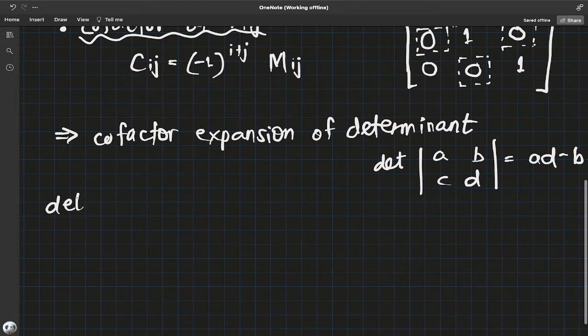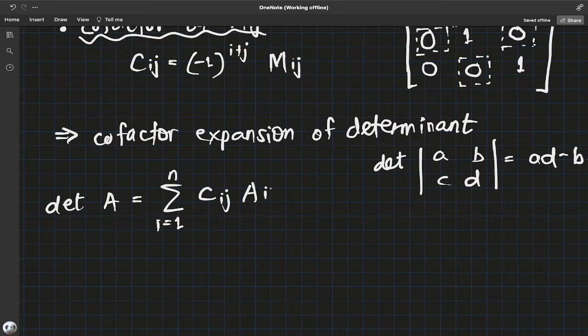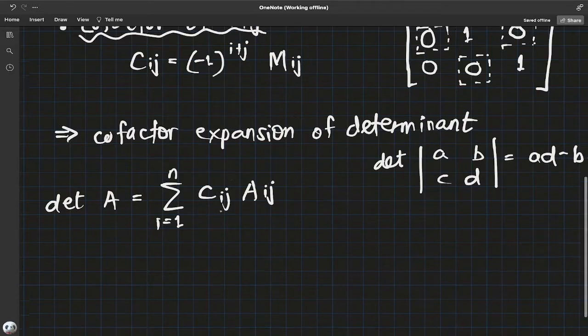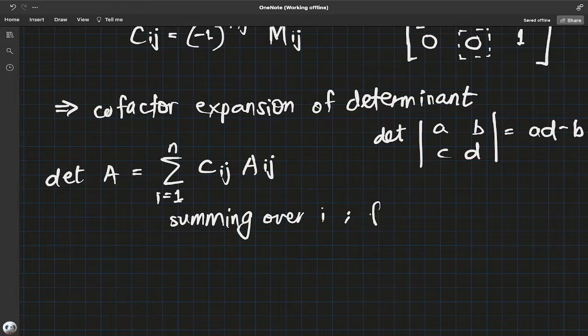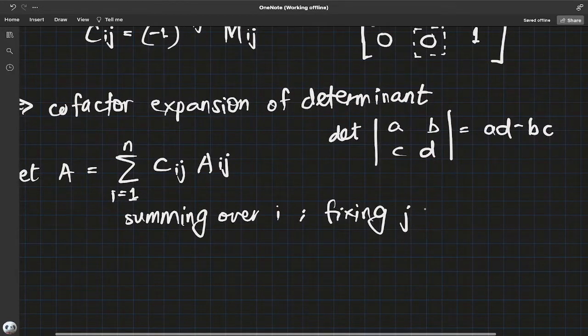So the formula, determinant of A is the sum from i equals 1 to n of C sub ij A sub ij. So in this case, we're summing over i, and we're fixing j to basically take any value between 1 and n.